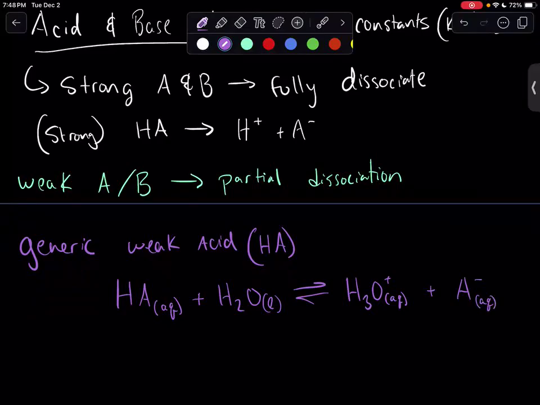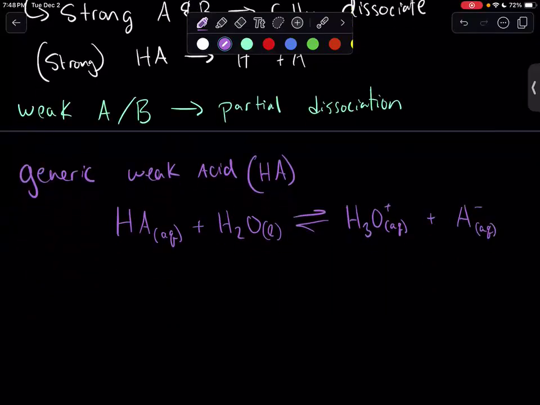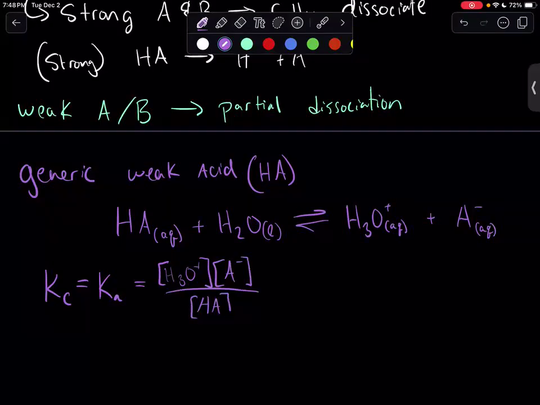So in reaction, we have this equilibrium, which means we, of course, can represent it with the equilibrium constant. But when we're talking about acids and their dissociation, we actually change Kc to be Ka, which is our acid dissociation constant, which, of course, is a measure of hydronium ions multiplied by the anion divided by the concentration of our original weak acid, HA.